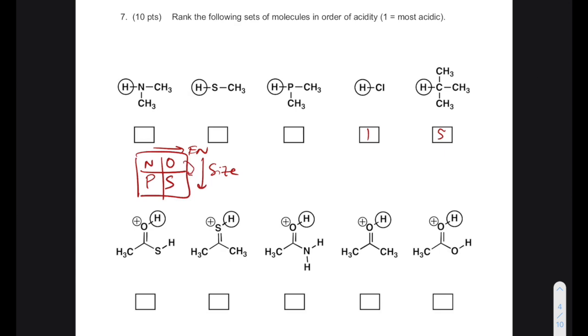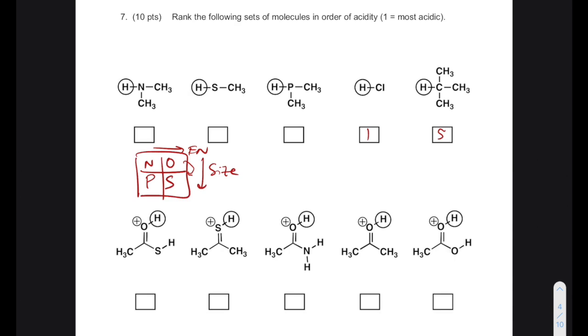And something we need to know is that as we move to a new shell, there's a much larger radius, and so the negative charge that results after being deprotonated is much better stabilized on a larger nucleus. So sulfur is a much more stable anion and therefore a stronger acid than oxygen.